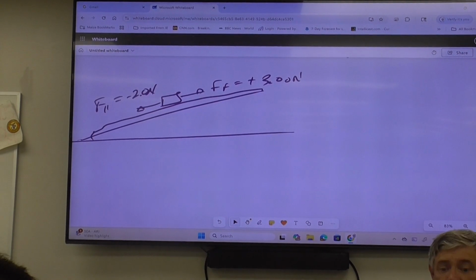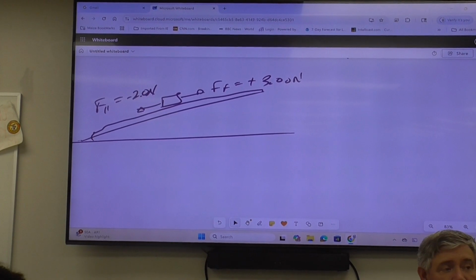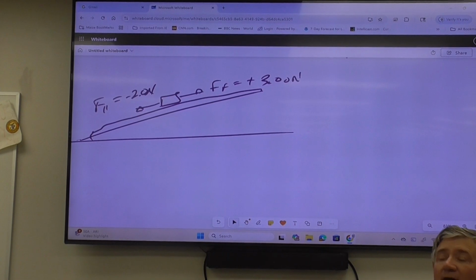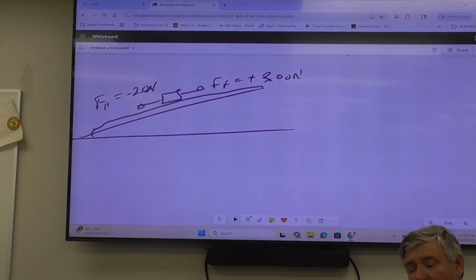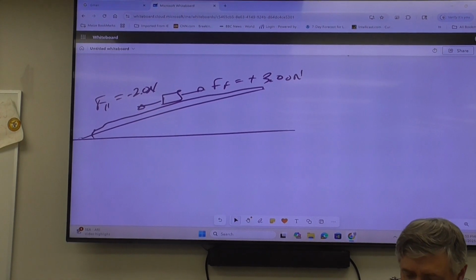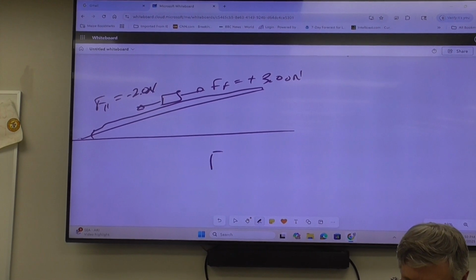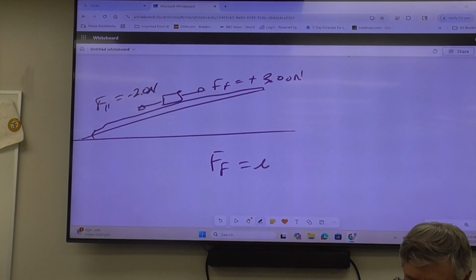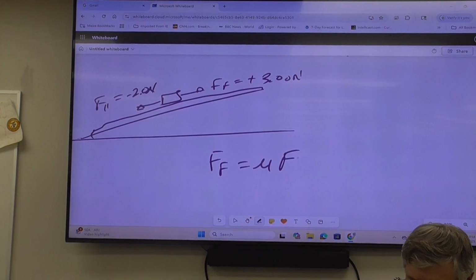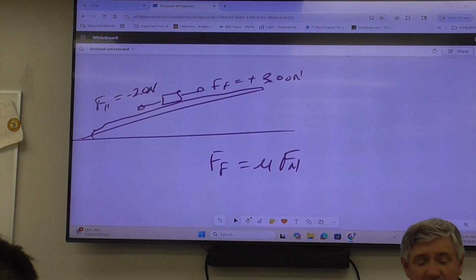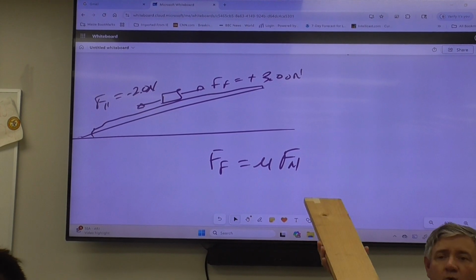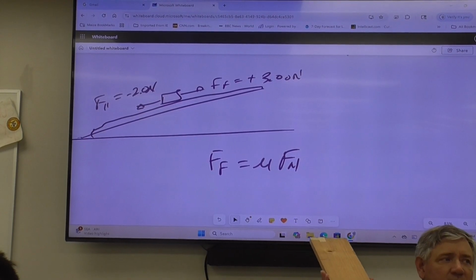But if I lift it up, eventually what's going to happen? It'll accelerate. Because what am I making bigger? Force parallel. Now, an interesting thing happens though. If you look at force friction equaling mu times force normal, as I increase the angle, what happens to the normal force?